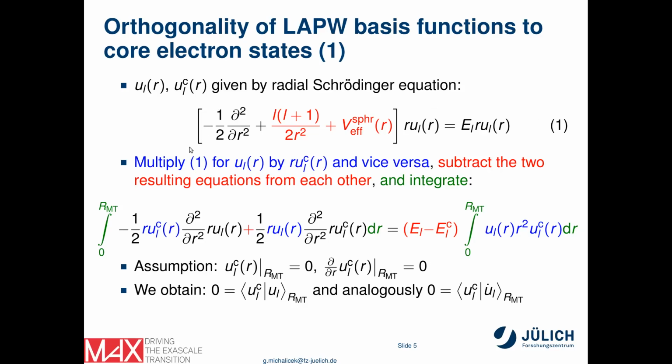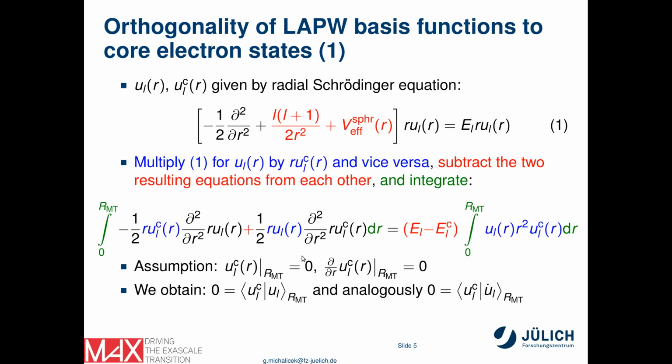Then what we do, we multiply this radial Schrödinger equation for UL by R times ULC, and the Schrödinger equation for ULC by R times UL. And then we subtract the two resulting equations from each other and we integrate over the Muffin-Tin sphere. And we end up with this equation that we see here below.